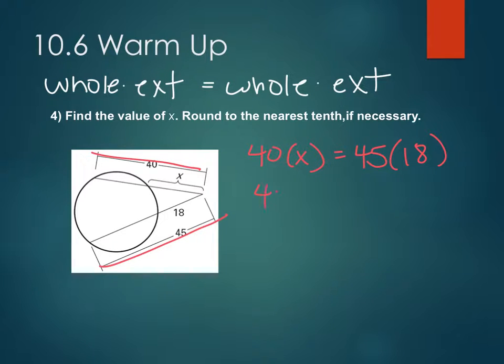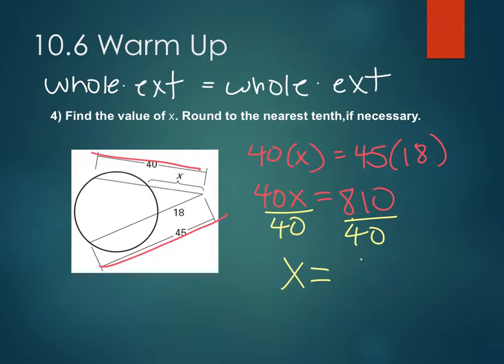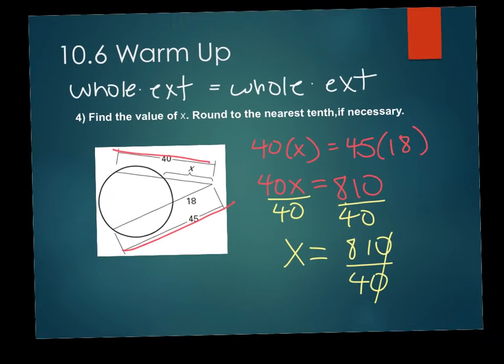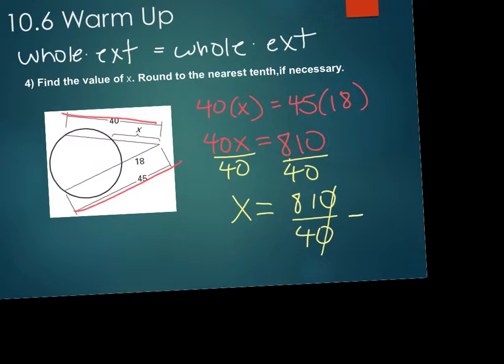So I get 40x equals 810. Divide both sides by 40. x would equal 810 over 40. I can cross through the zeros. And then I would say 81 over 4, or 20 1/4.